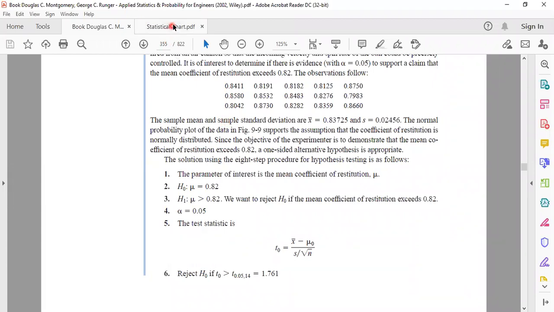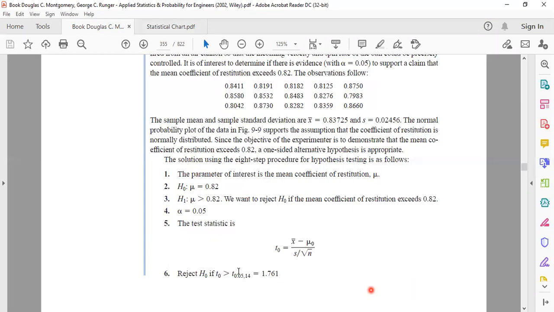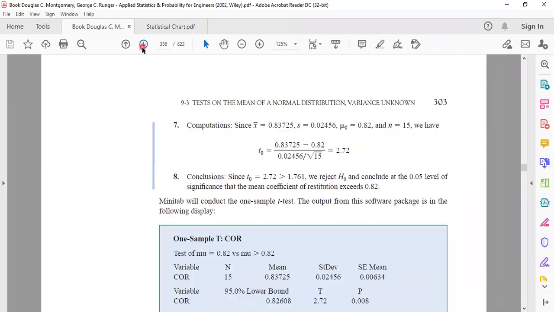You see at 14 degrees of freedom, at 5% level of significance, the tabulated value is 1.761. So these are matching. And if my calculated value exceeds this value, I am going to reject my null hypothesis. So that is the rule.